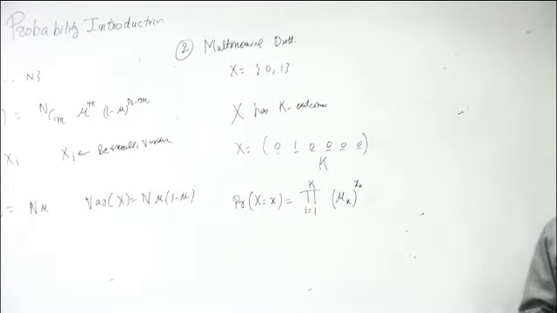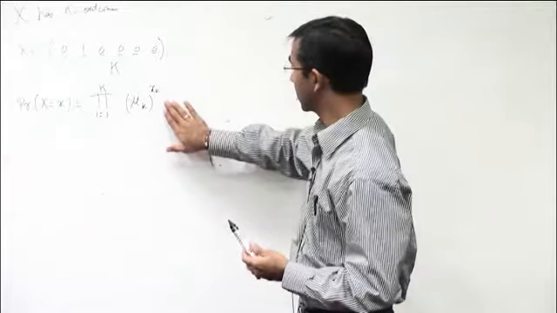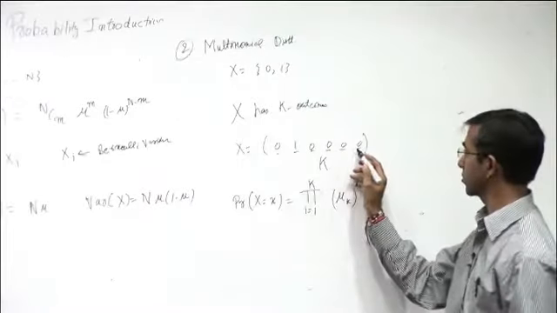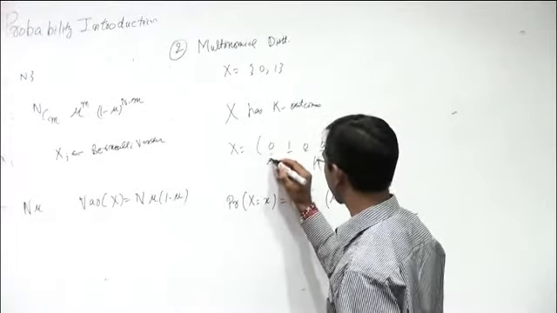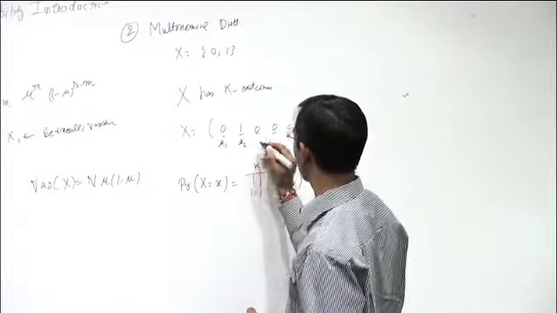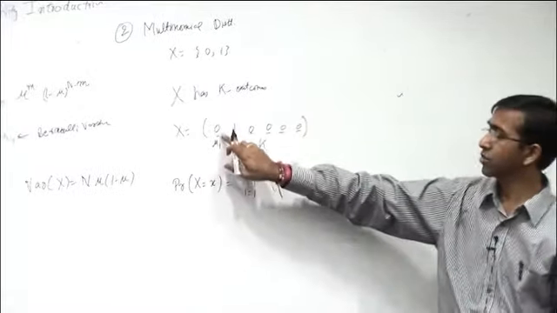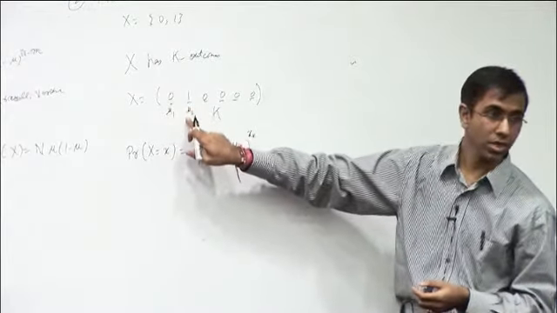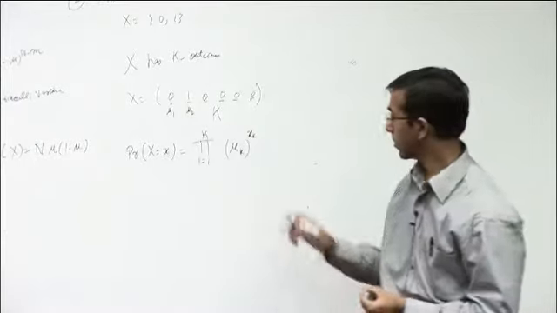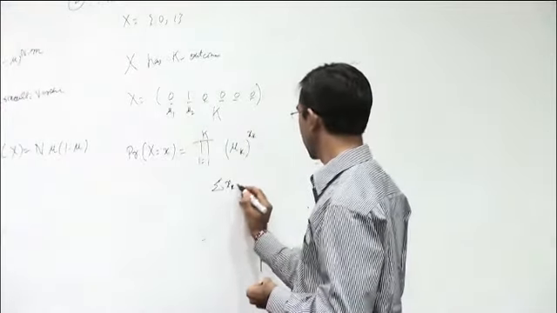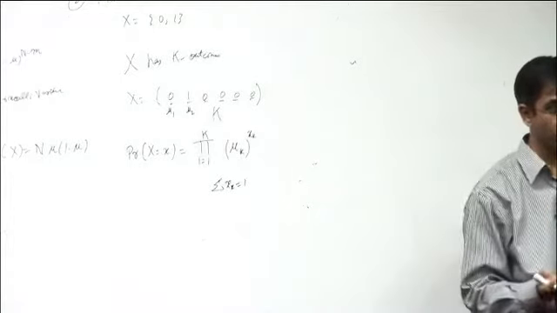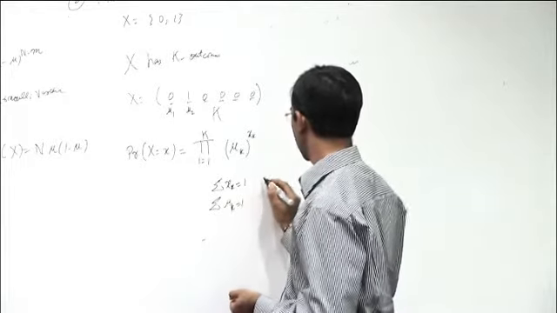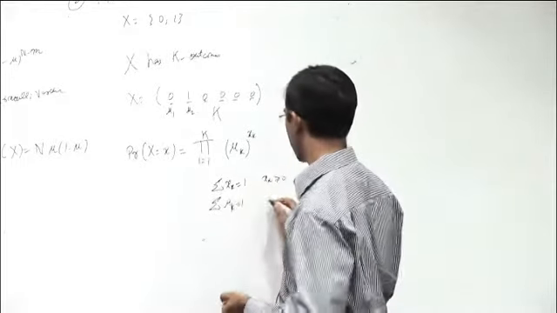What this essentially says is that for each dimension you have an associated parameter, mu1, mu2, and so on. mu1 is the probability that you get 1 in the first bit, and mu2 is the probability that for the second bit you get 1. And you have the property that summation xk should be 1, that is, you'll observe some outcome. Similarly, summation mu k is equal to 1. Xk is between 0 and 1, and similarly mu k is also.